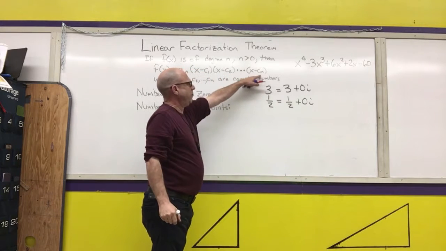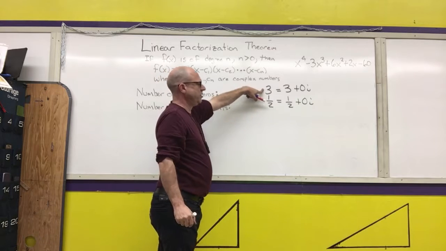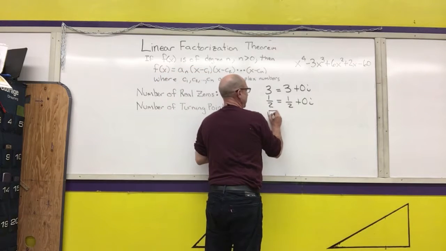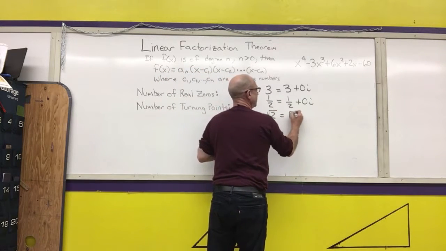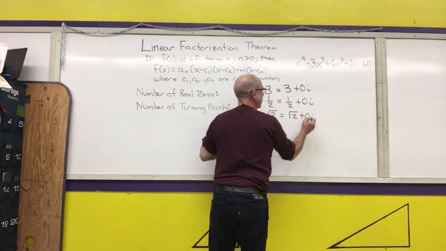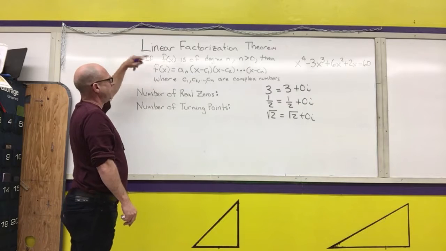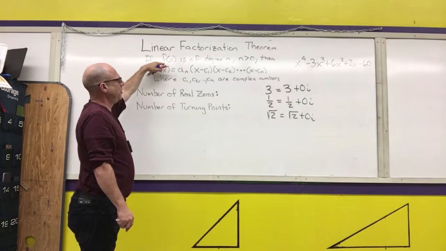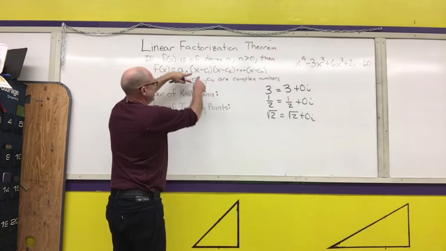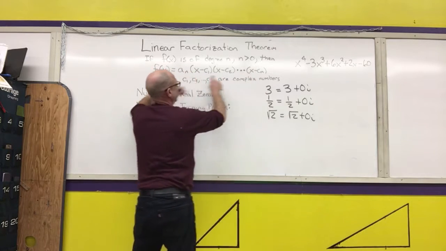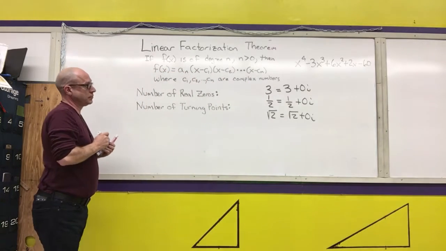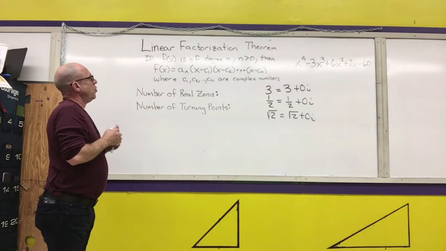So my rational numbers, my integers, my irrational numbers, they are all complex numbers. So what it says is that I can rewrite any polynomial function of degree n as a whole bunch of factors times some leading coefficient.